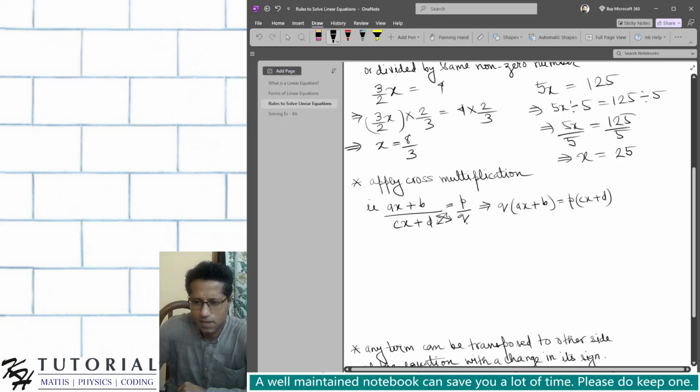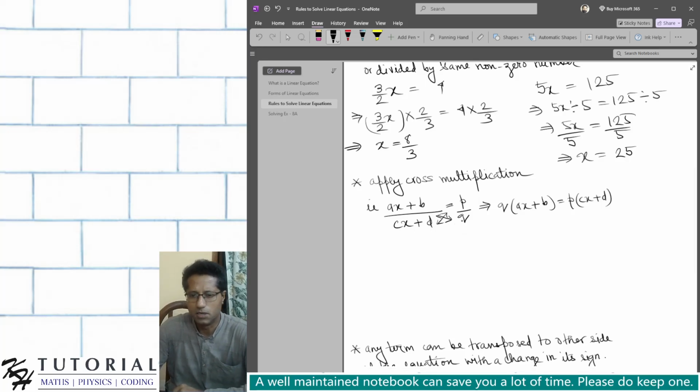That is, you will multiply q with ax plus b and you will multiply p with cx plus d, and those products will be equal. That is, we will have q multiplied by ax plus b equal to p multiplied by cx plus d.